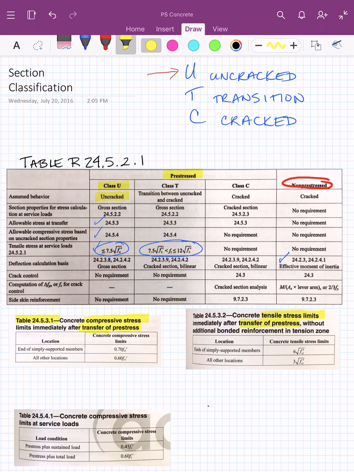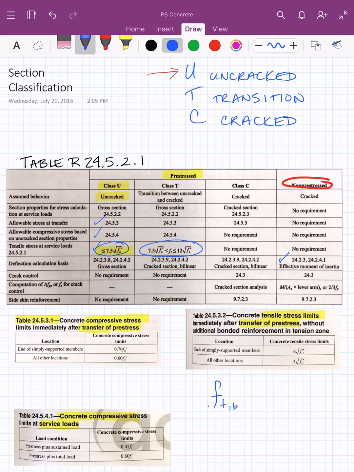And then we have concrete compressive stress at service, and this is a little strange how this is done, but the tensile stress at service is already in the table out because it's one of the things you use in the table to figure out what kind of section it is. All right, so what this means is you're going to be looking at that stress equation, your stresses in the top or the bottom.